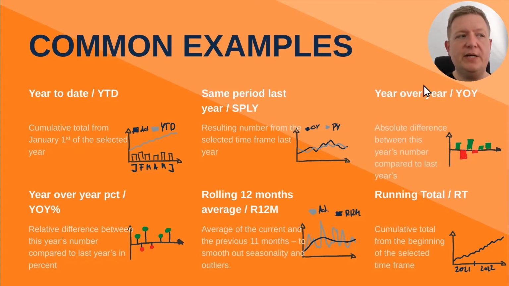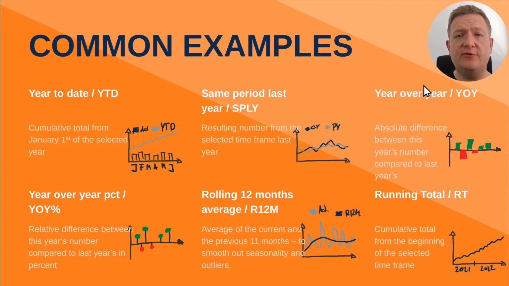Taking the comparison of this year versus previous year even one step further, we could not only look at absolute differences between current year and previous year, but you could also look at year over year as a percentage of the total. This is like a combination between SPLY and year over year in one number, because it tells us about a percentage-wise change from last year to this year.